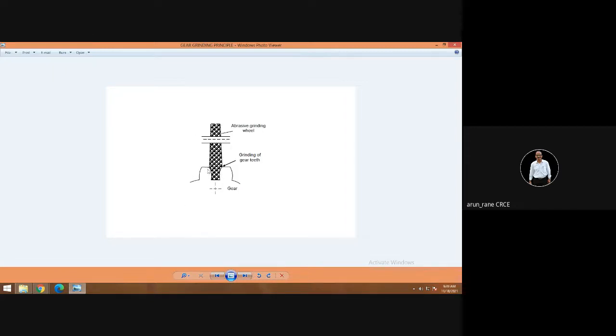Suppose there is a 40 teeth gear, one dressing can give you almost 80 or 120 teeth of grinding, that's all. Plus it is slow also, because it is doing one tooth at a time, and that's why it is slow.